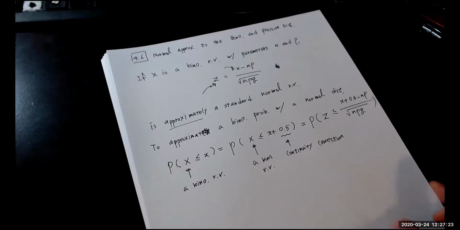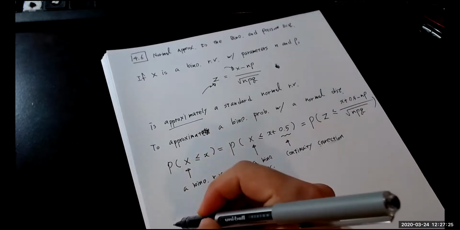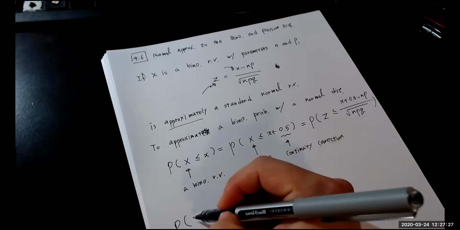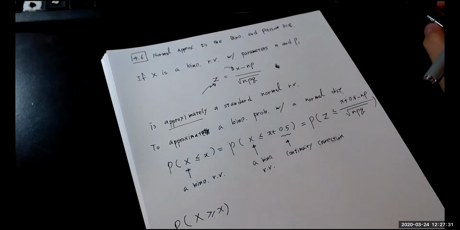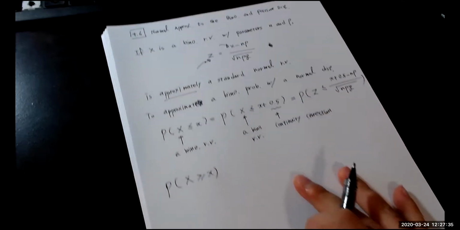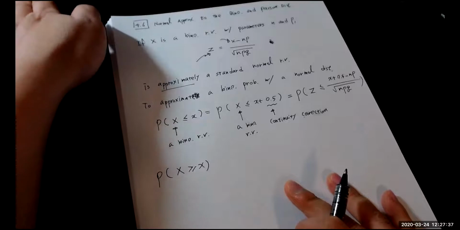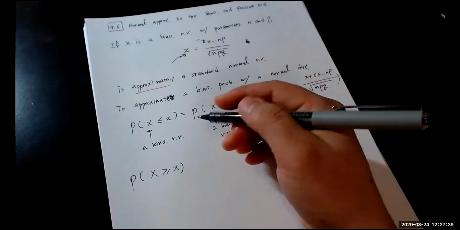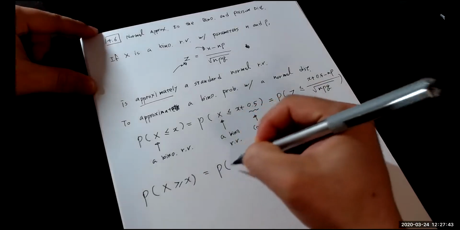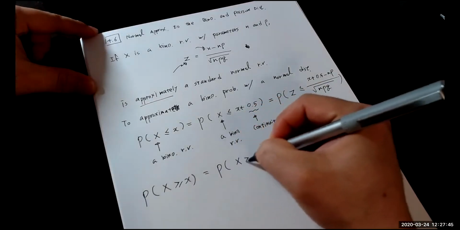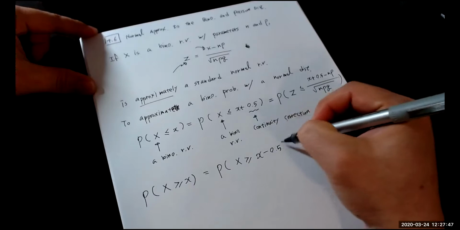Now, what if we want to find the probability that x is greater than or equal to x? This is equal to the probability that x is greater than or equal to x minus 0.5.